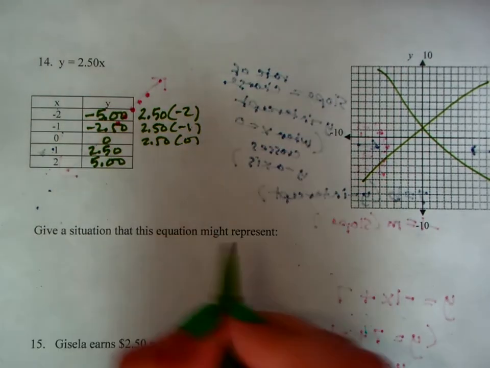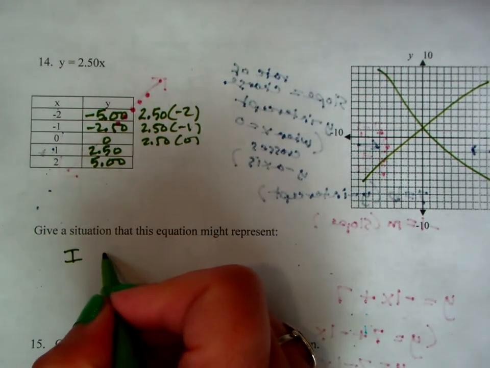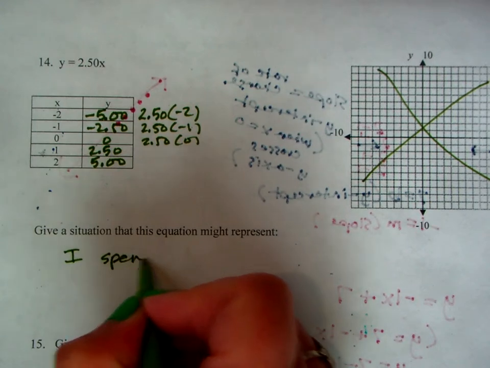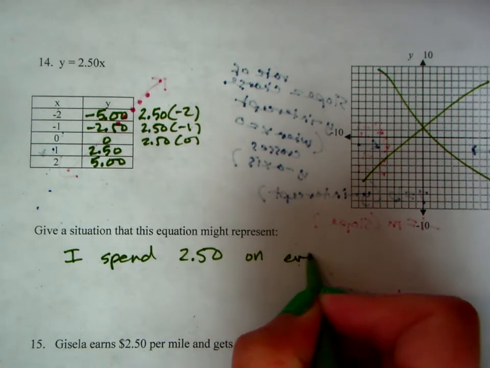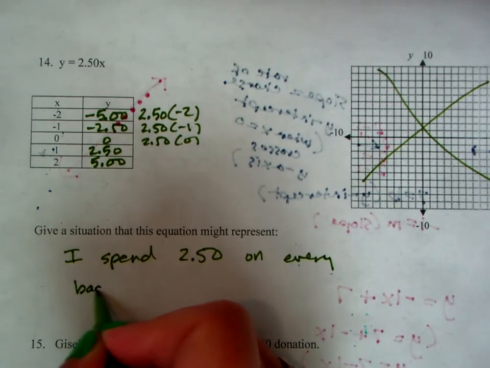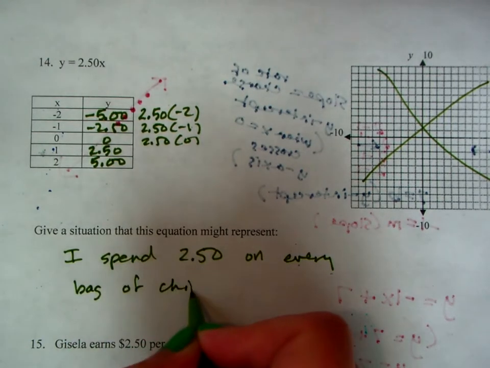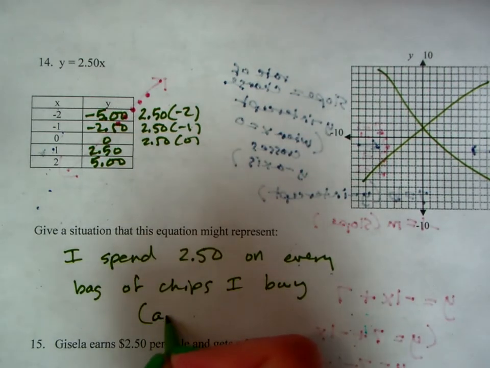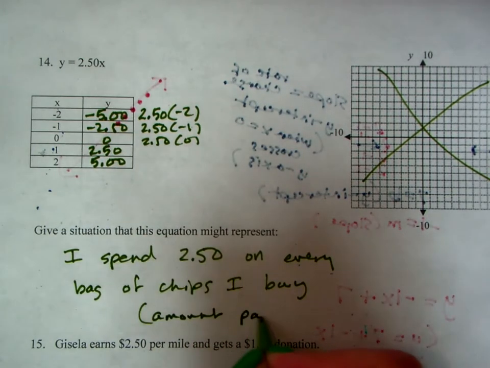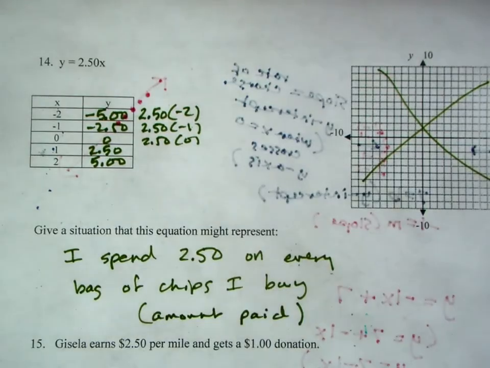For example, I spend $2.50 on every bag of chips I buy. So amount paid, that's it. Something like that. Okay.